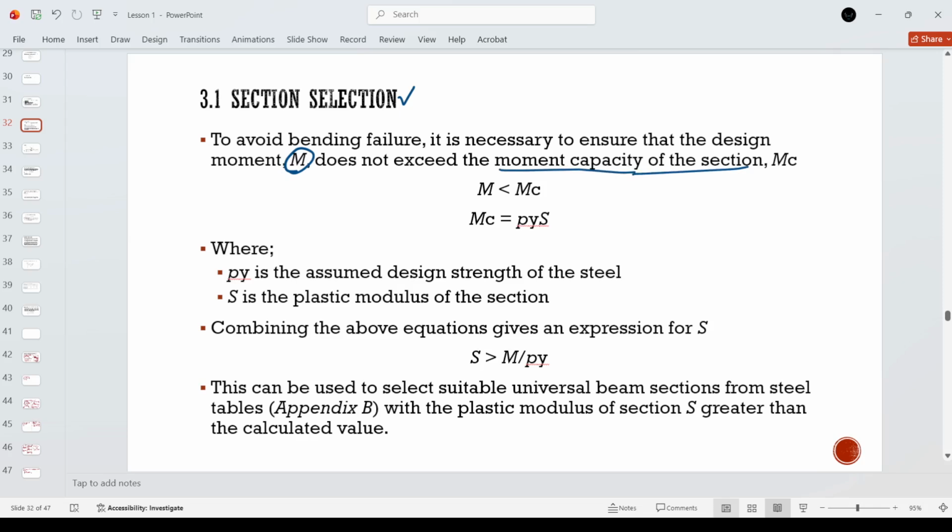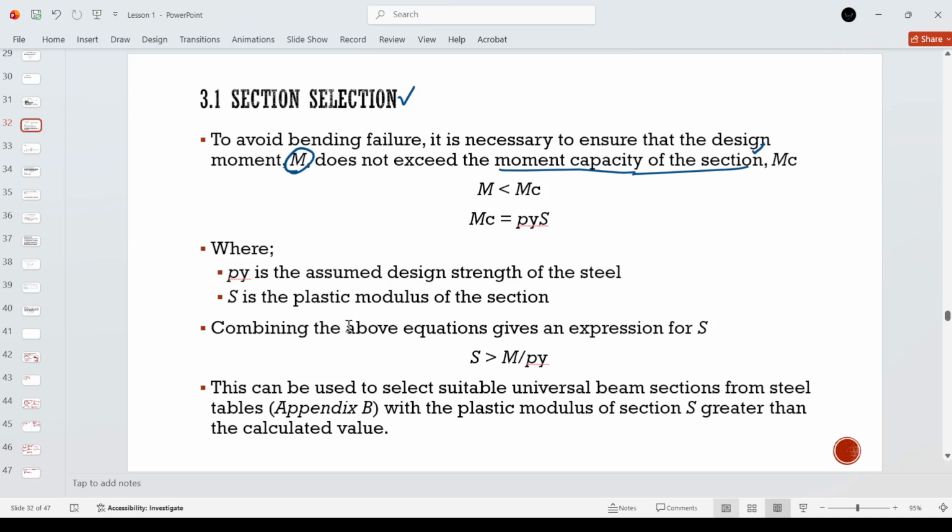We don't want a situation where, because we have considered the worst case scenario M, so we have taken the maximum, that maximum should be less than the moment capacity of the section, as manufactured in the industry.